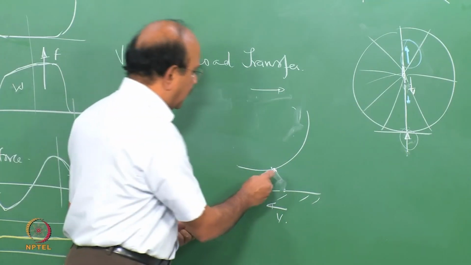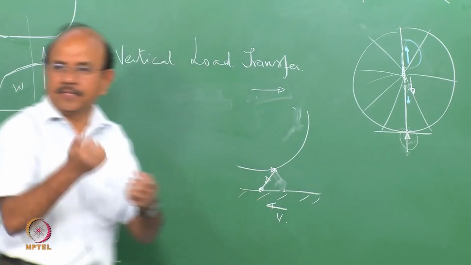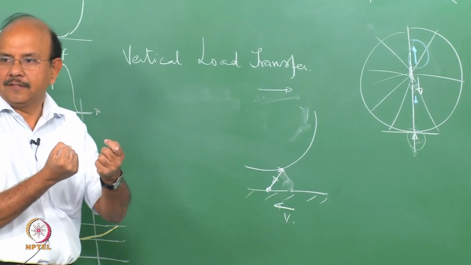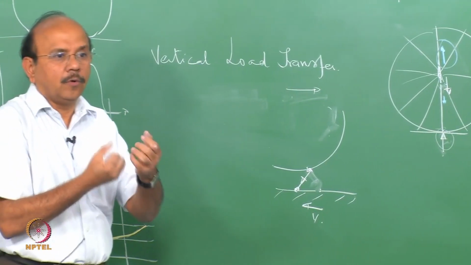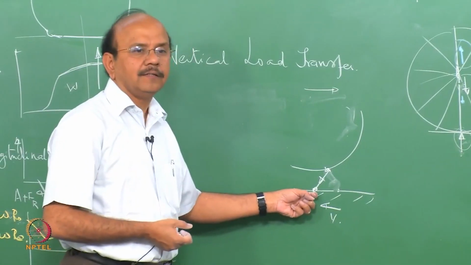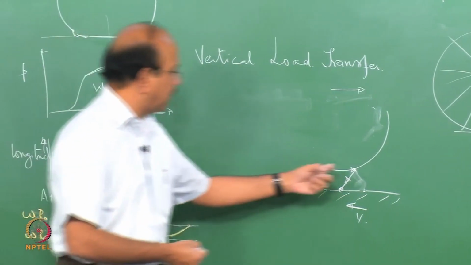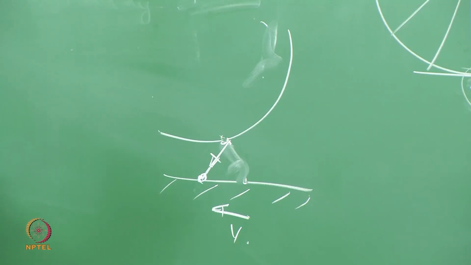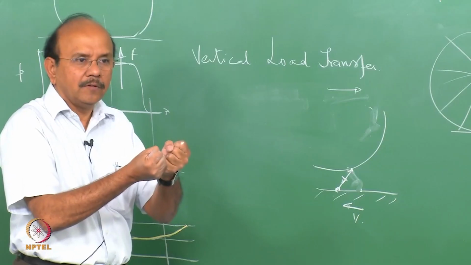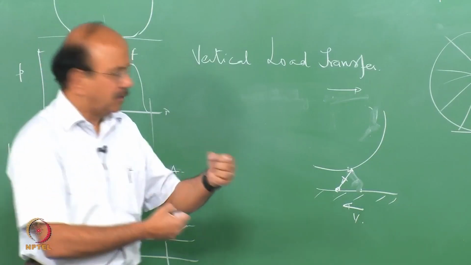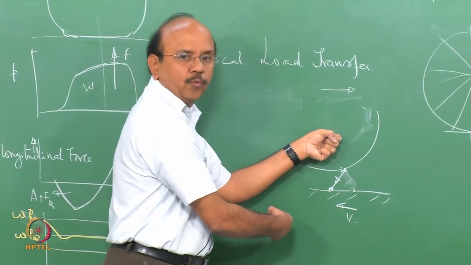So there will be a force on the tread, there will be a tension on the tread, right? One side the road is going to hold him, the other side the tire carcass is going to hold him. Either side he is held, and this one is stationary, this one is moving.